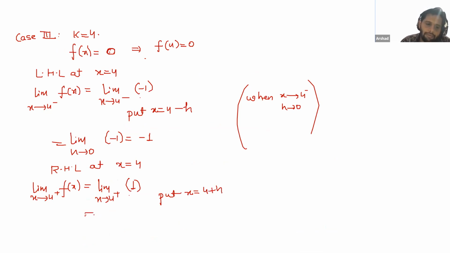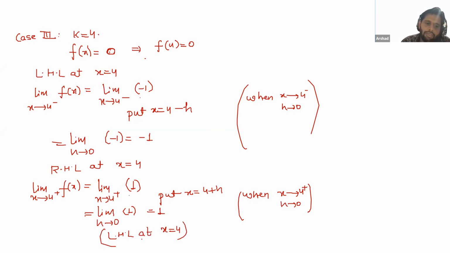H will always tend to 0. In the bracket, write when x approaches 4 plus h, h approaches 0. So this is equal to 1. Now LHL at x equal to 4 is not equal to RHL at x equal to 4.